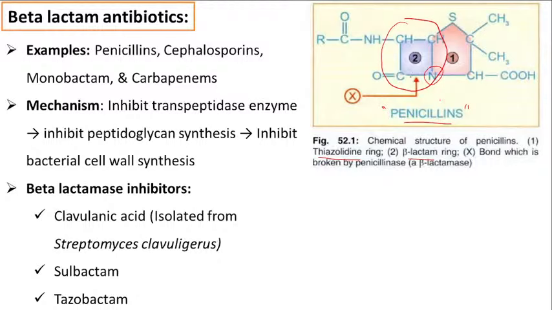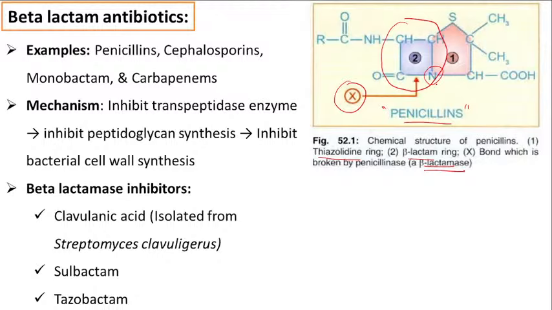This C-N bond is a target for the enzyme called beta lactamase. Beta lactamase is an enzyme which destroys penicillins or the beta lactam antibiotics. So those organisms which can produce the beta lactamase enzyme are resistant to beta lactam antibiotics.